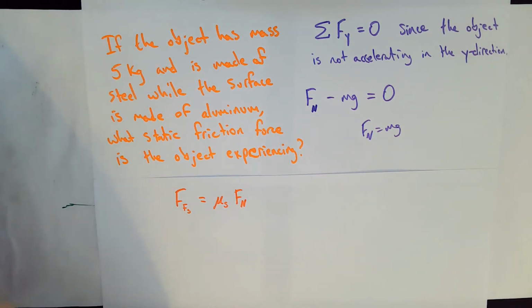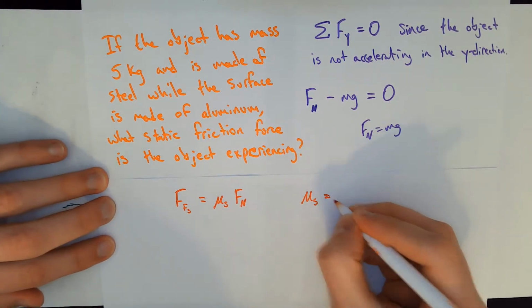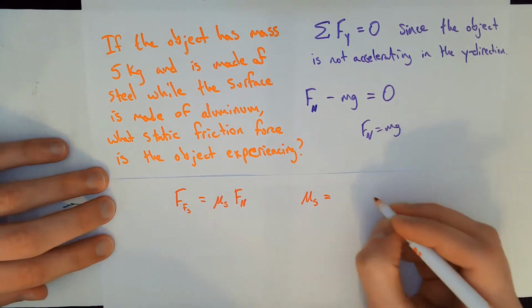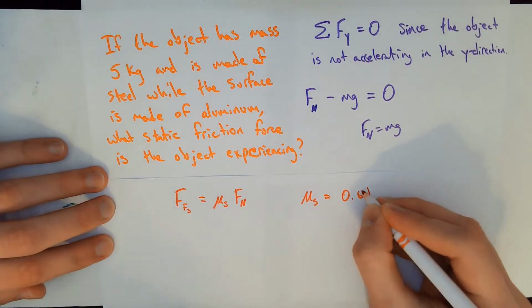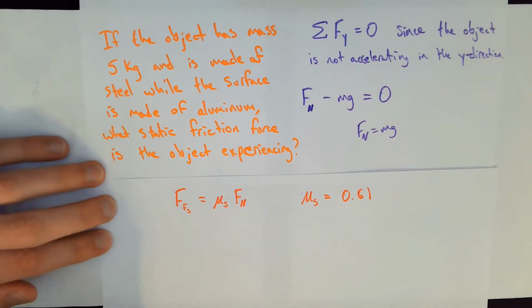So the coefficient of static friction that I need to look up in the table, let me make sure I'm looking at the right one. Aluminum on steel is 0.61. So I know that just by looking at the table.